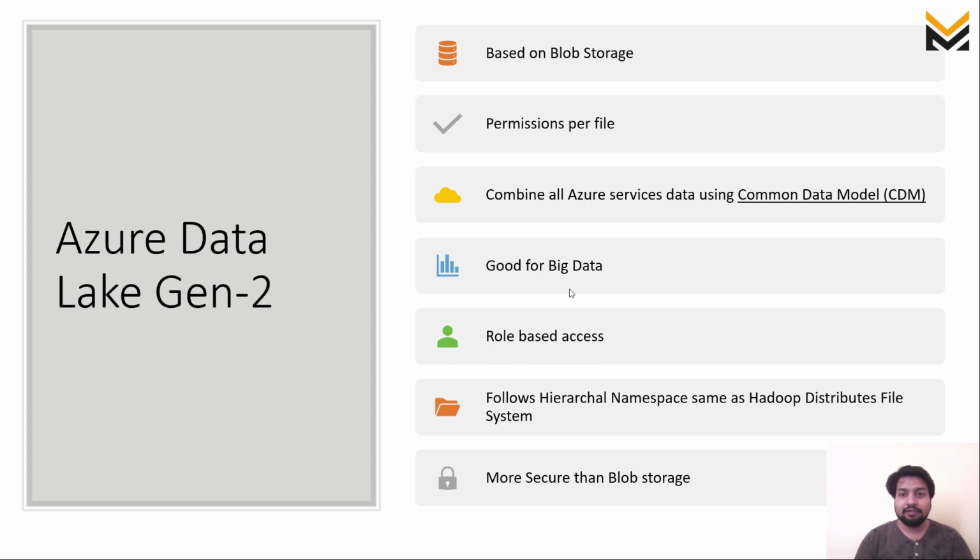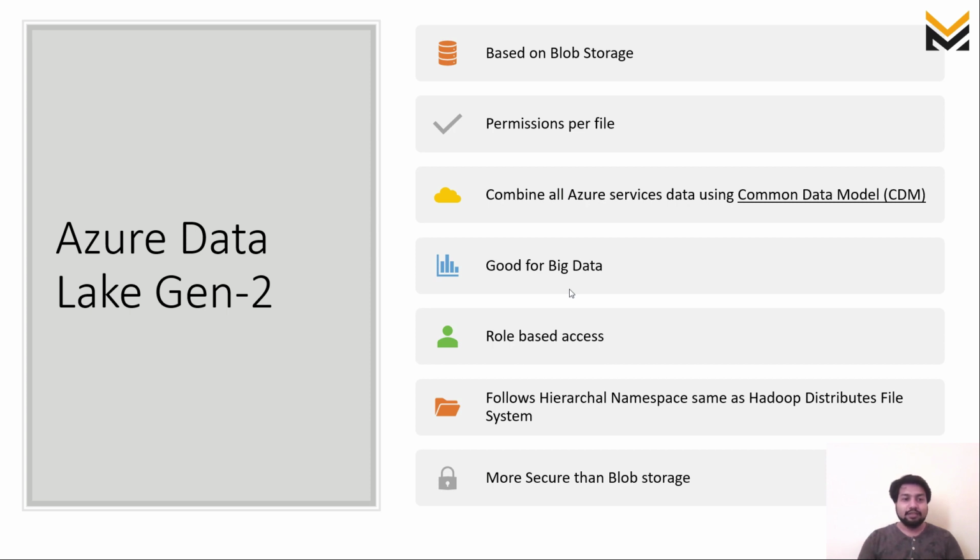Then next comes the common data model. This is the most important concept in Azure Data Lake Gen 2. What it does is it allows you to combine or centralize the data of all the services of Azure.